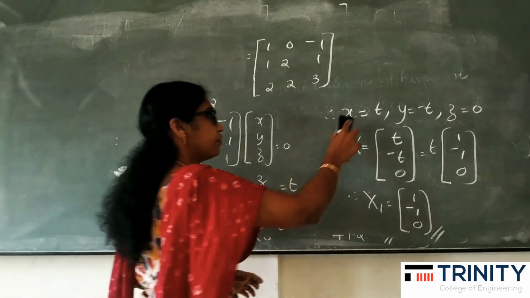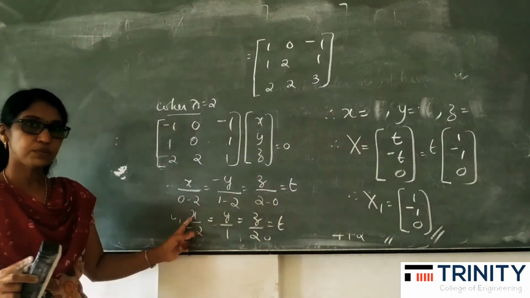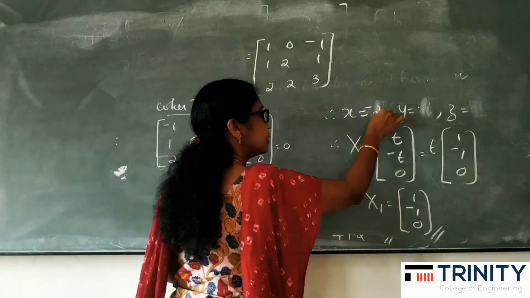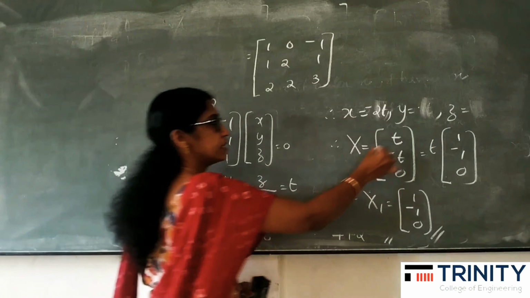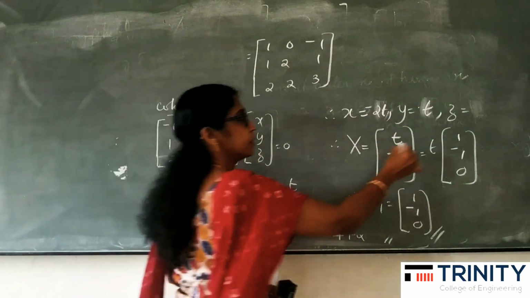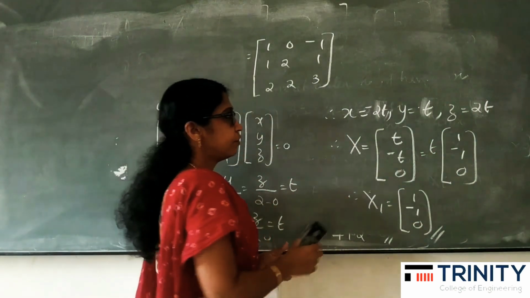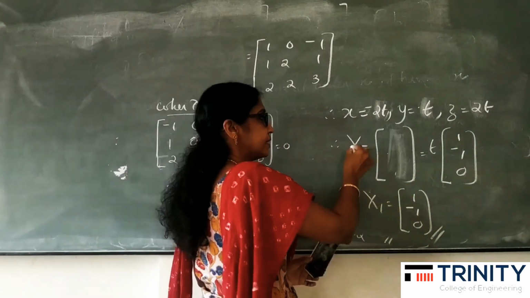Okay, therefore what will be x, y and z? X is equal to minus 2 into t, x is equal to minus 2t, y is equal to 1 into t, that is y is equal to t, and z is equal to 2t. Okay, therefore we have capital X is equal to, what are the x values here?